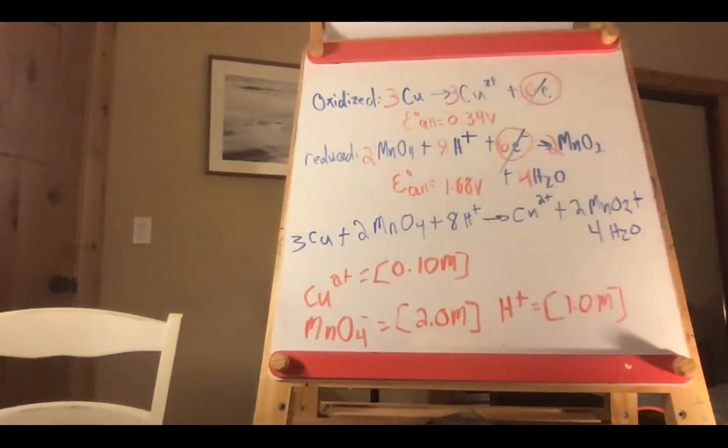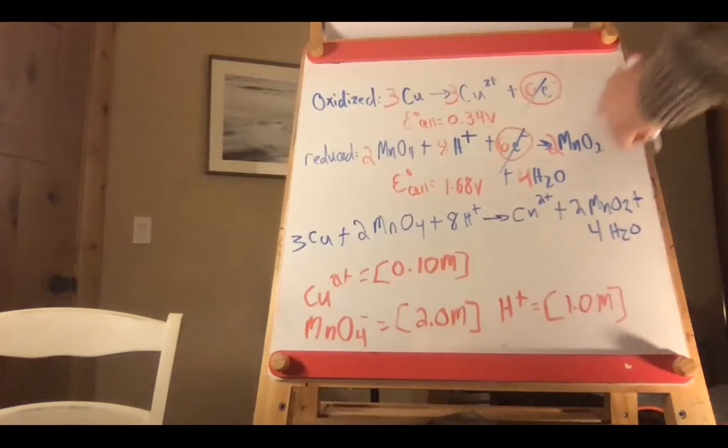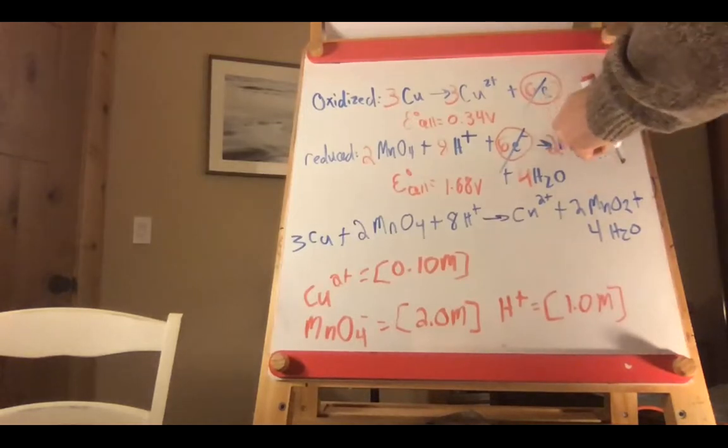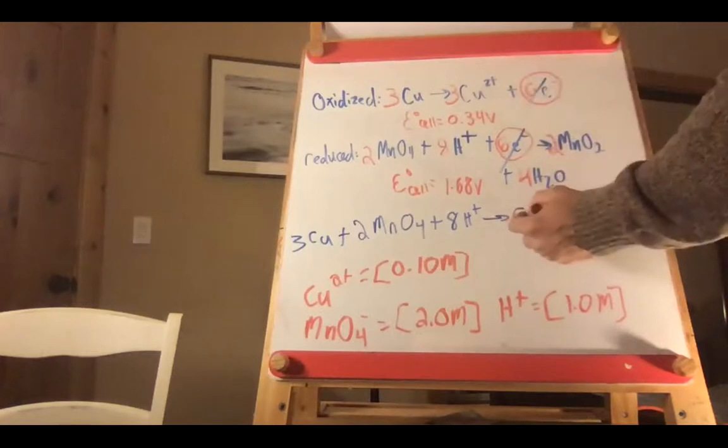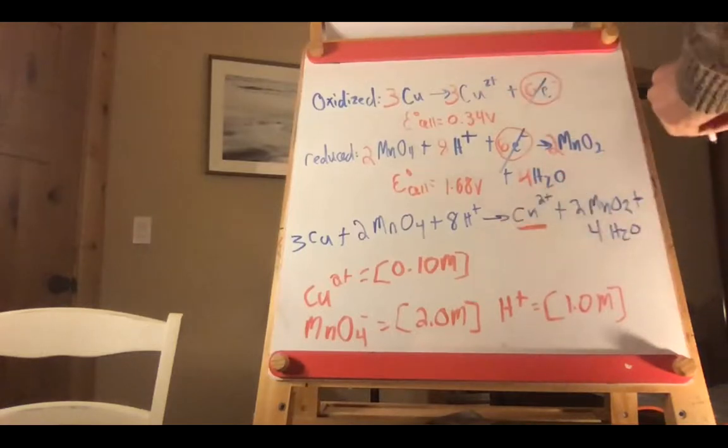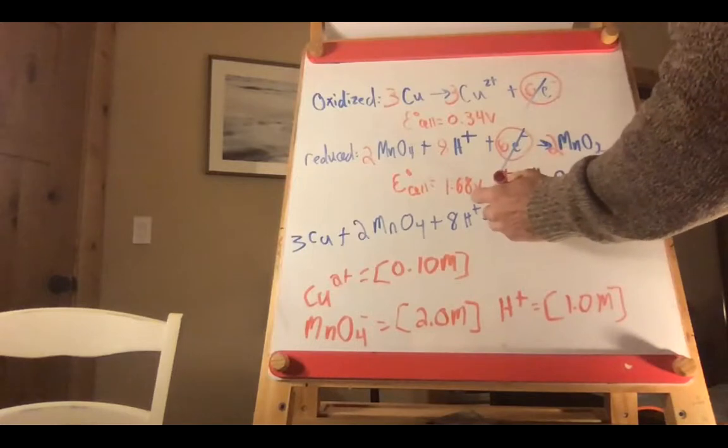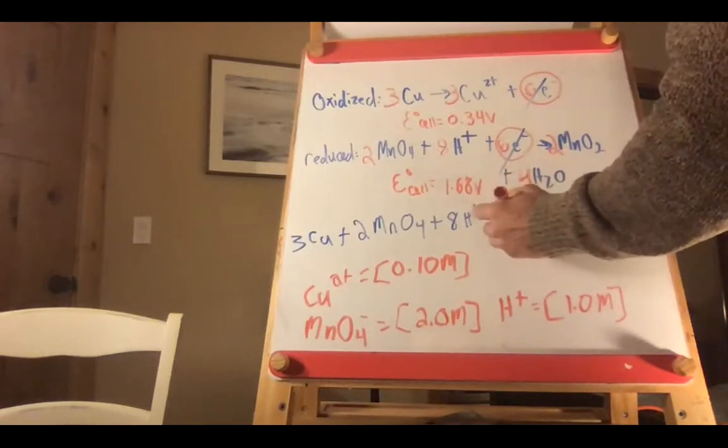Okay. Now remember what Q is. It's the concentration of the products over the reactants, right? So it's going to be this. That's a product. Oh, that should be 3. Forgot my 3.